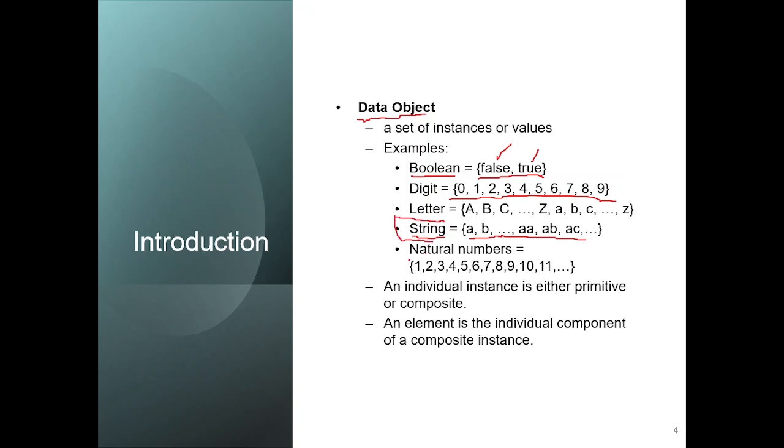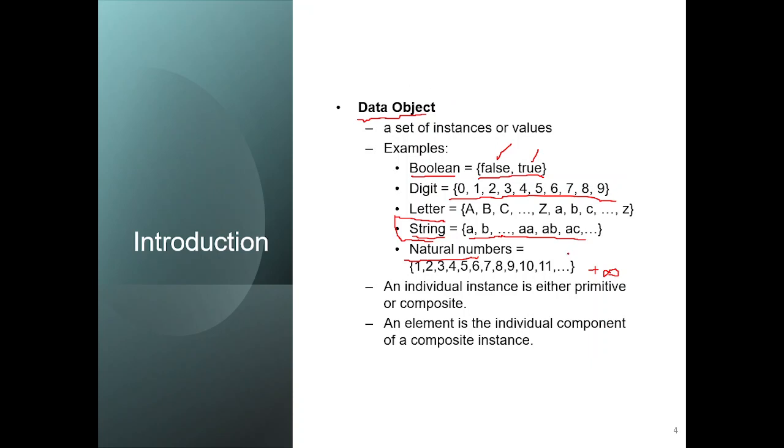Similarly, we can have natural numbers, starting from 1 going up until positive infinity. We can have integers, we can have real numbers. Any set of instances or values we can call a data object.